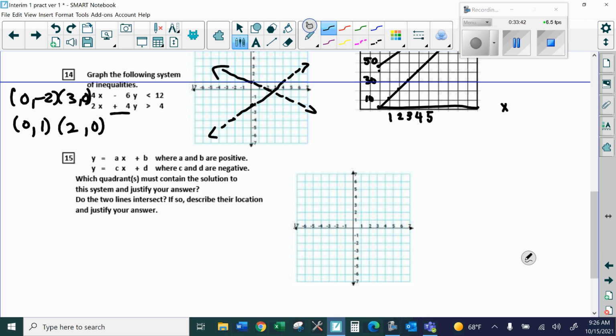And then shading, okay? Now, if the coefficient on the y is positive, as it is there, then we keep that same sign, greater than. So the second one is greater than. So it's now going to be either in this quadrant, in this area, or in this area, because it's greater than that line. Okay. Now in the top one, since the coefficient is negative, we need to switch that inequality sign. So we're going to also shade above that, which then means it's going to be either in that one and that one.